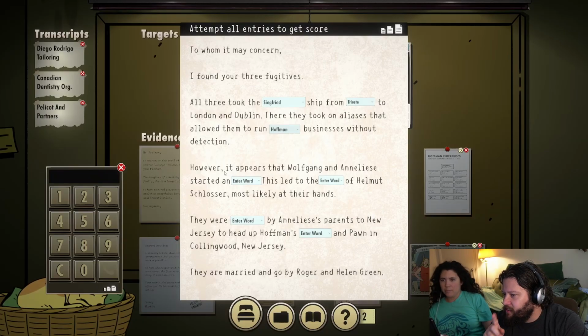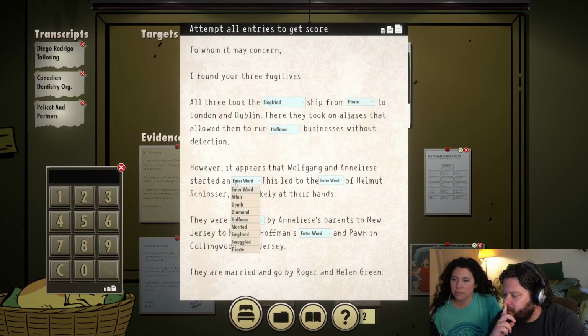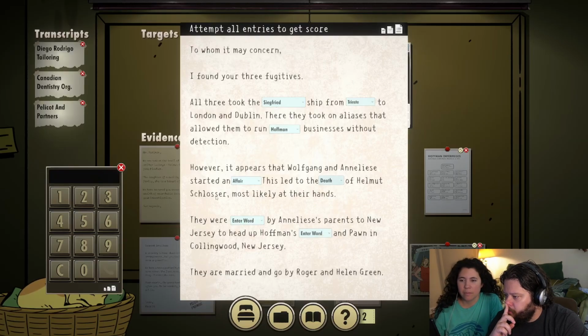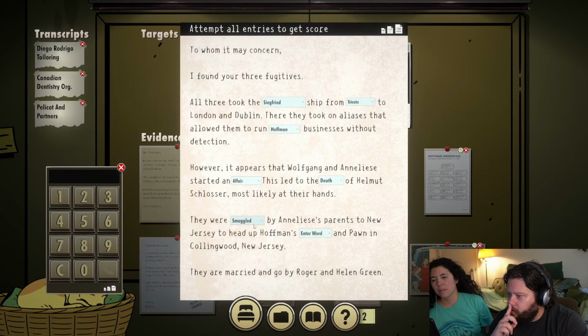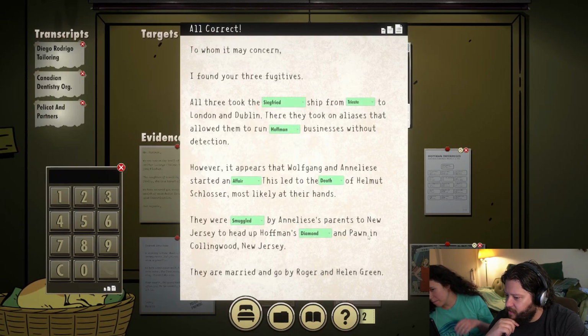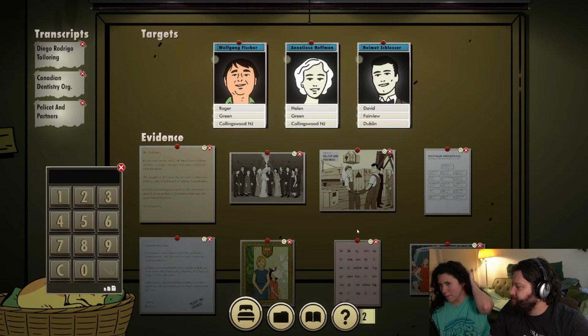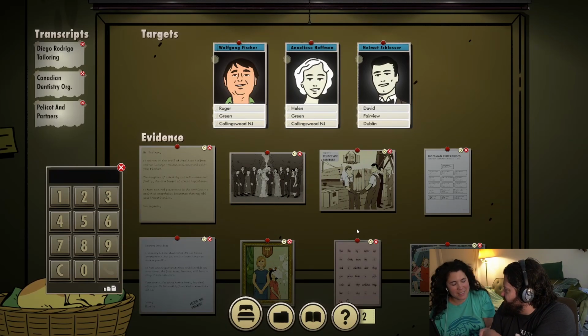However, it appears that Wolfgang and Anneliese started an affair. This led to the death of Helmut Schlosser, most likely at their hands. They were smuggled by Anneliese's parents to New Jersey to head up Hoffman's diamond and pawn shop. They got married and go by Roger and Helen Green. Good work. Good job. Okay.